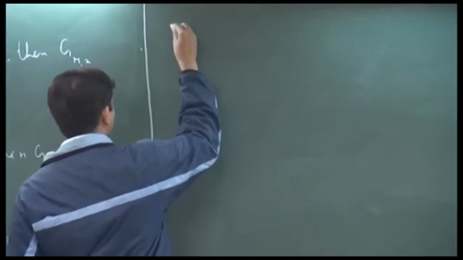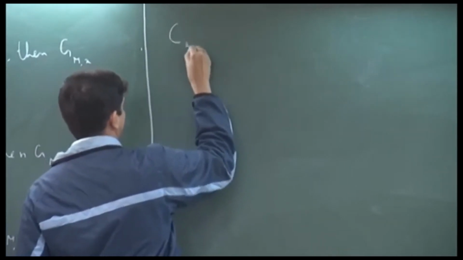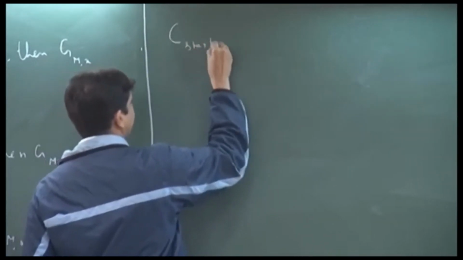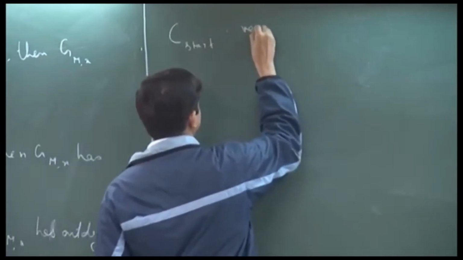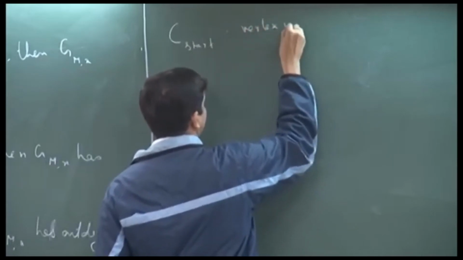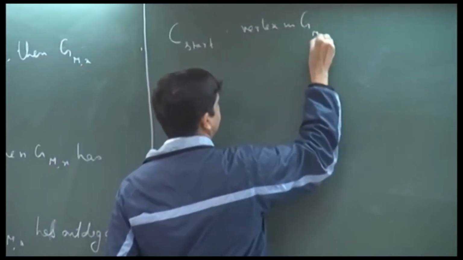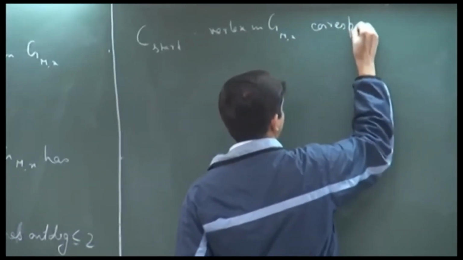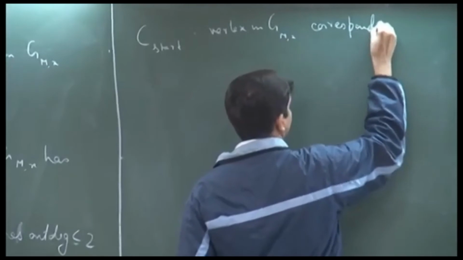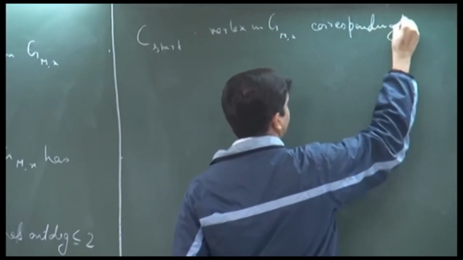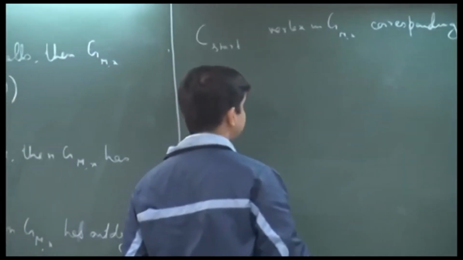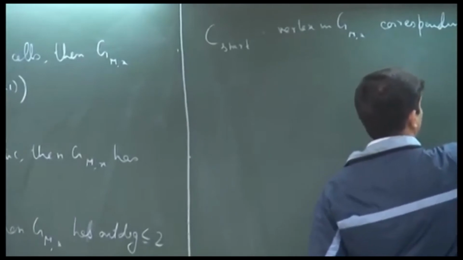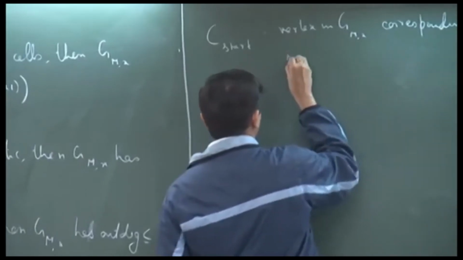Let us call that vertex C start. So, C start is the vertex in GMX corresponding to the start configuration.